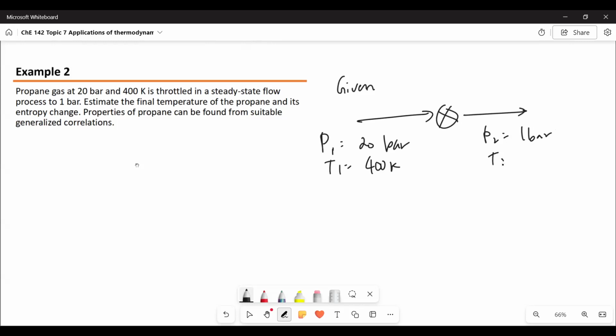We don't know the final temperature, and that is the requirement in this problem. Required are T2 and delta S.